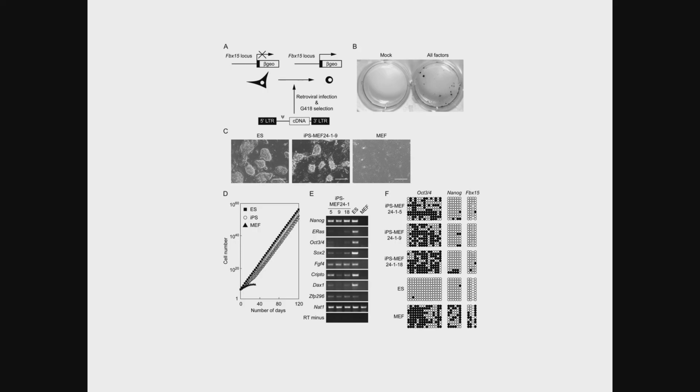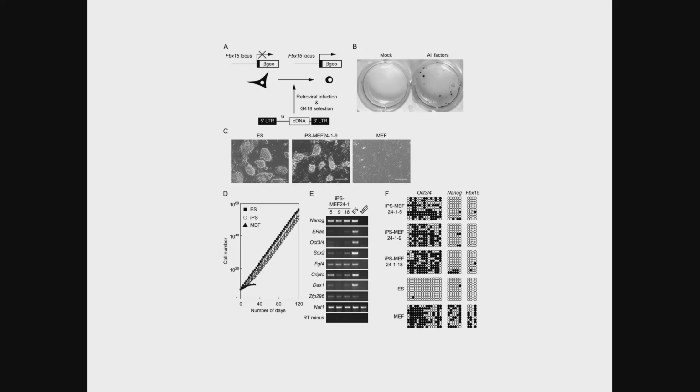But then when he started putting back transcription factors, he saw that morphologically he was getting something that looked more like the iPS. So at the beginning he put 20 transcription factors, and then he started asking, do we need all of them, or don't we need all of them? Some of the genes that are known to be important for pluripotency are OCT, NANOG, and FBR15. And one of the things that changes is how they are methylated.